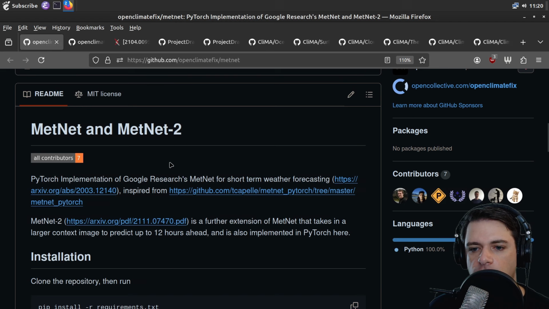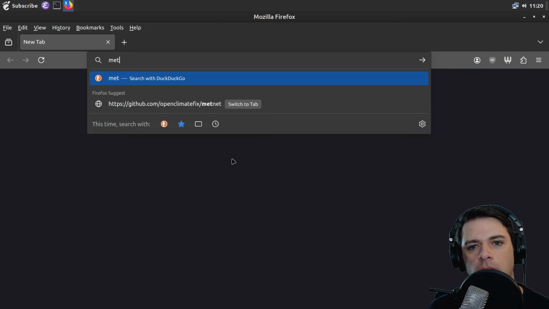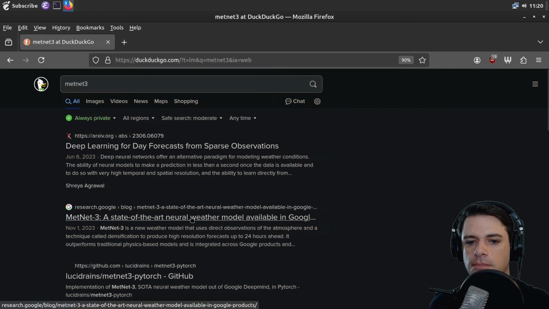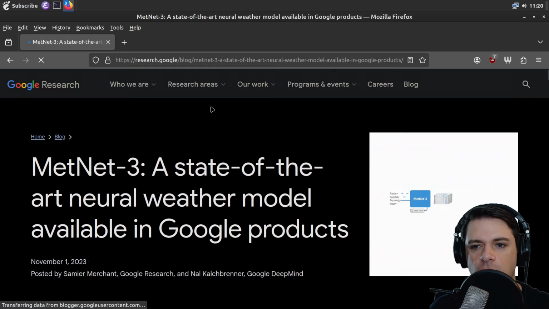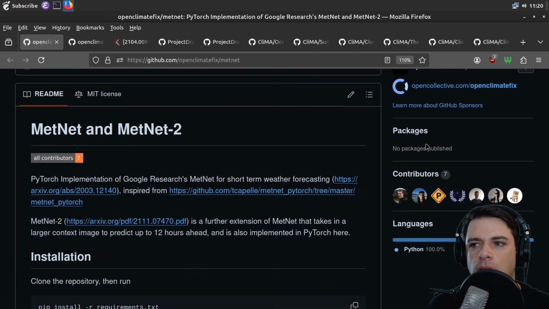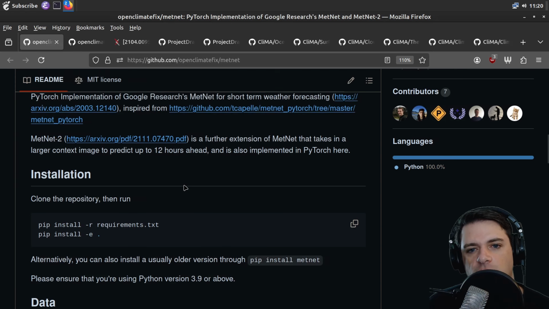I thought we were on MetNet 3. MetNet 3, state-of-the-art neural weather model available in Google products. Okay, so you can access the model, and I'm guessing that Google's state-of-the-art is one generation ahead of this open source implementation.